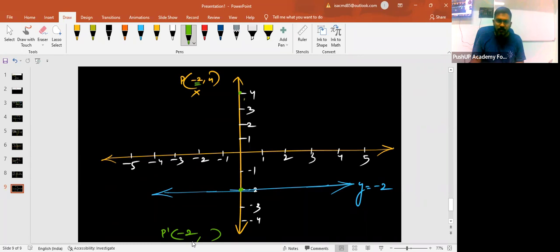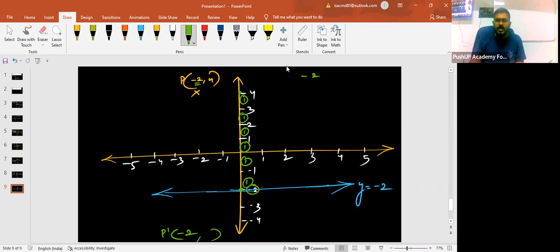See, children, 1, 2, 3, 4, 5, 6. From point P to that blue colored line, the total distance was 6 units. So from that blue colored line, if you go down, the distance covered should be 6 units. So right now where are you lying? On minus 2, isn't it? From minus 2, you have to go down by 6 units.